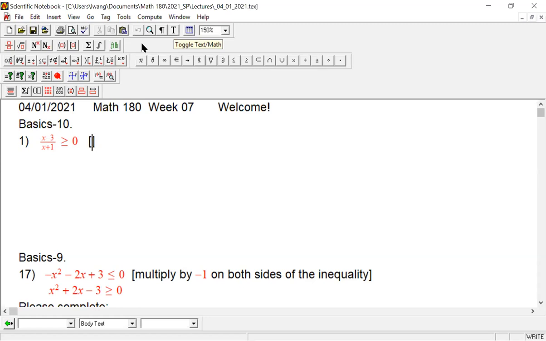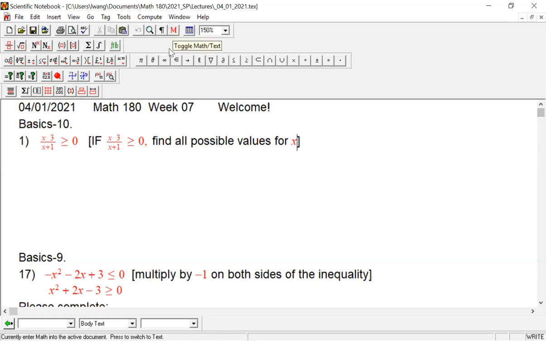If (x minus 3) over (x plus 1) is greater than or equal to 0, then we're going to find all possible values for x so that it is true.